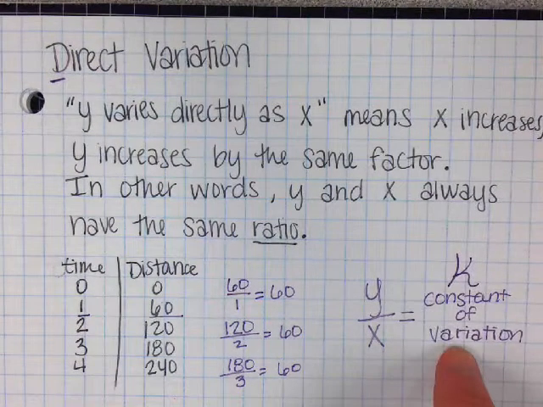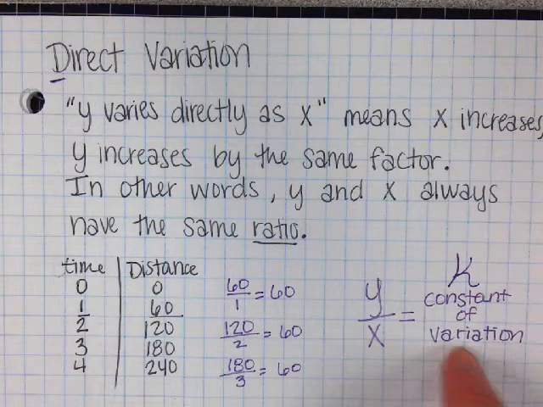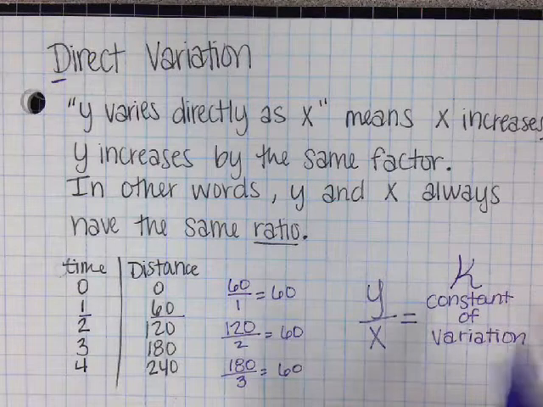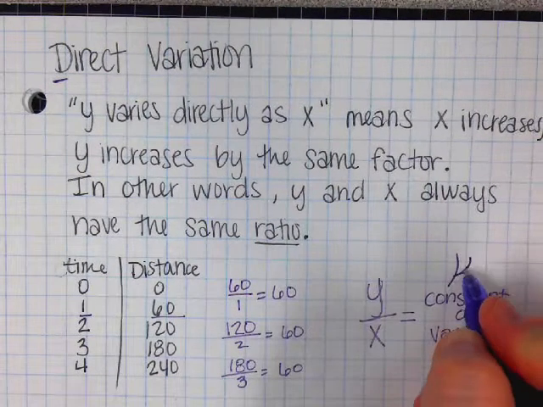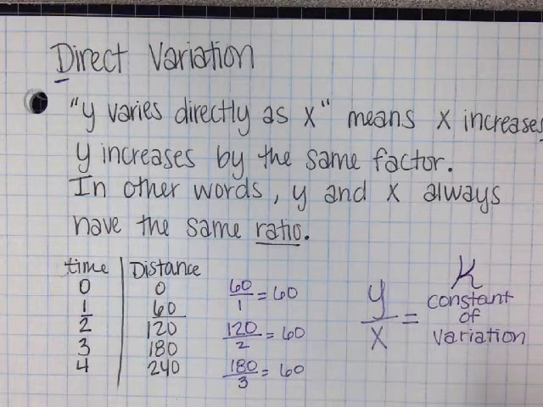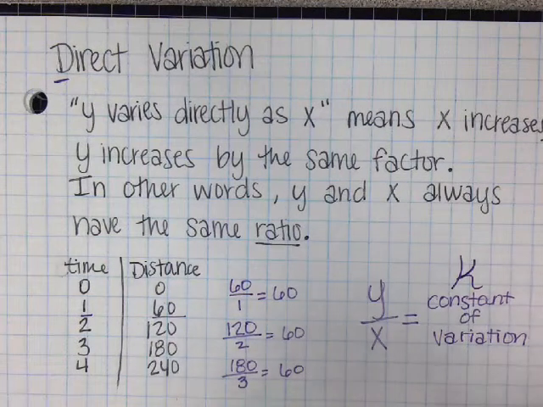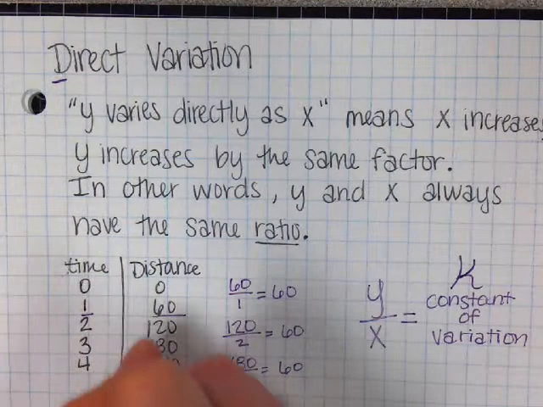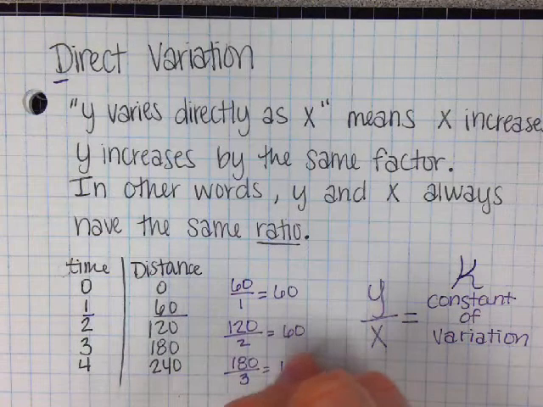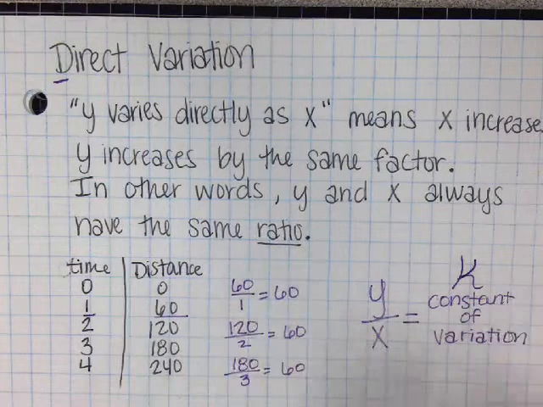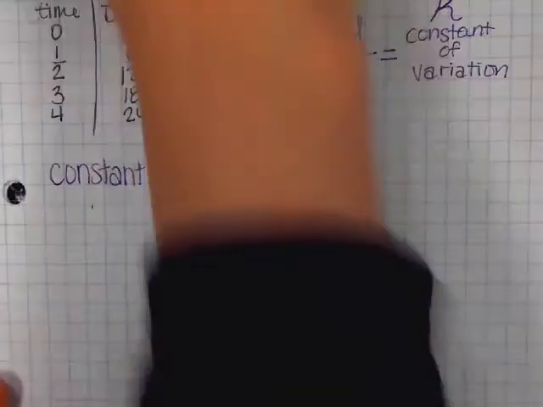So anytime you see a k, that's talking about the constant of variation. Depending on the textbook you use, sometimes it uses a different letter. So just know either k or the constant of variation. So let's write the constant of variation. Oops, I'll move that up.